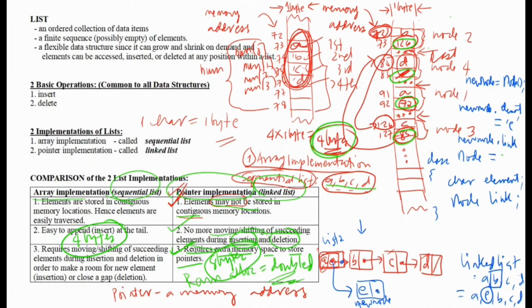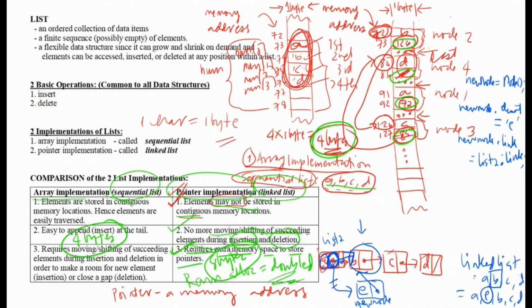You're going to make it point to B. So we call this node list2 dot link. List2 dot element is A. List2 dot link is this one. And wherever this is pointing, it's pointing there. Okay, it's not pointing here yet.